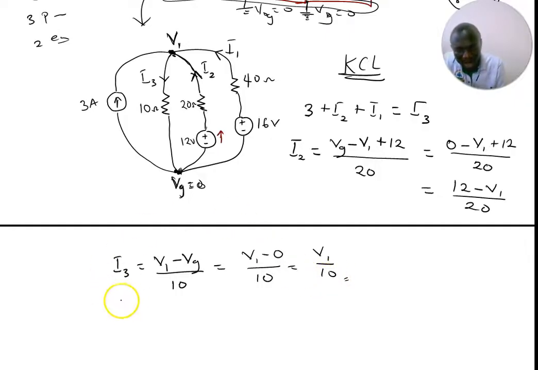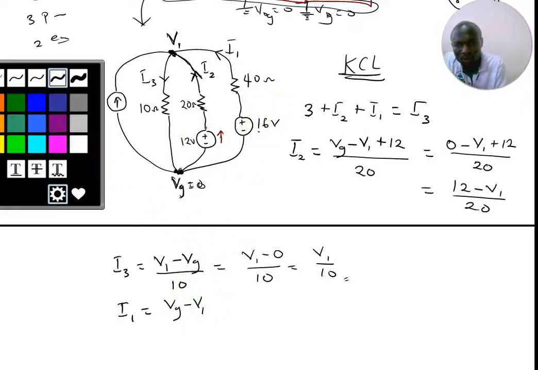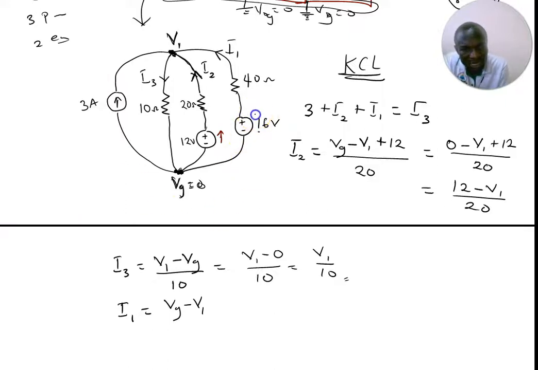Yes. What about I1? I1, as you can see, is starting from what? Vg. Right? So Vg, and it ends at V1. Okay. We have a voltage source on the path. So if this is supposed to produce current, it is equally also going to move in the direction of what? In the direction of the I1.